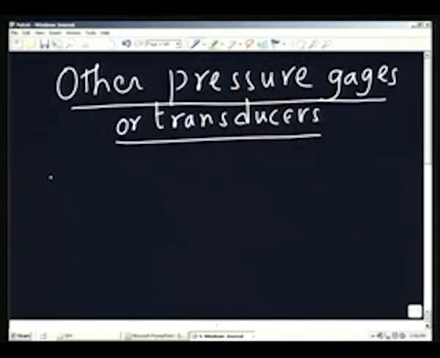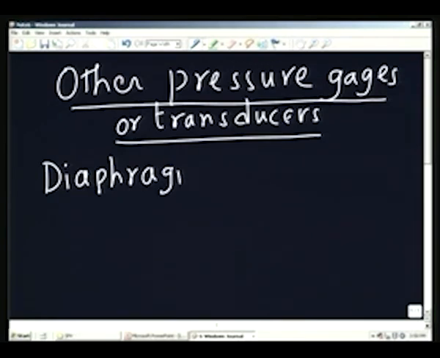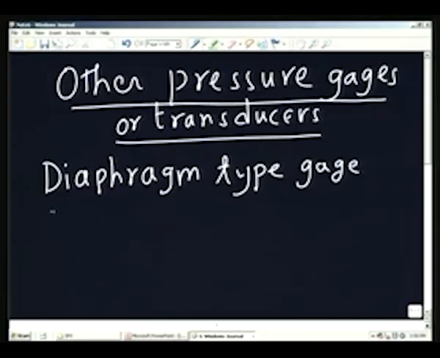As I indicated earlier, we could have a diaphragm type gauge, and what is the diaphragm type gauge? Suppose I have a diaphragm which is held fixed at the periphery.